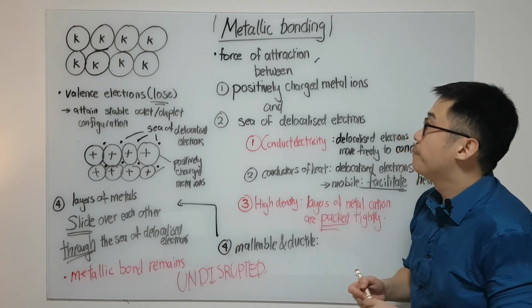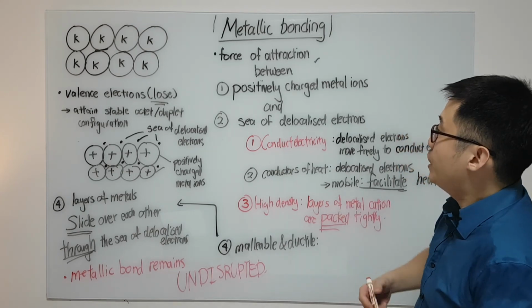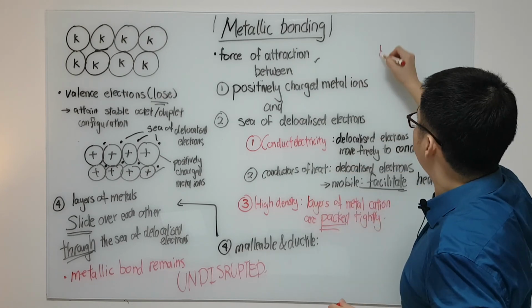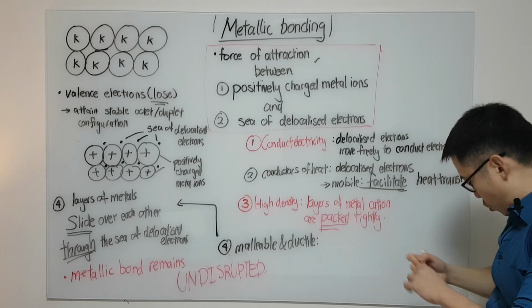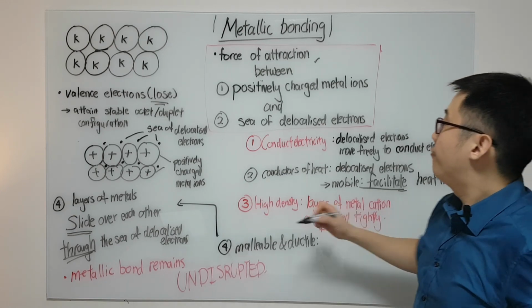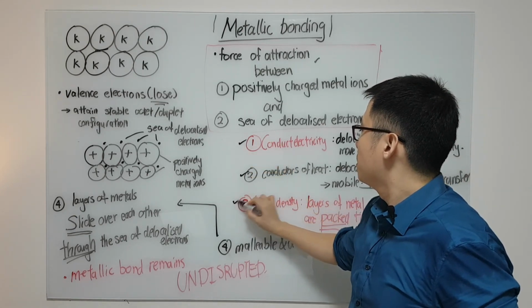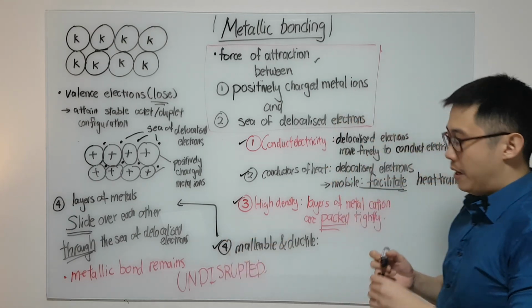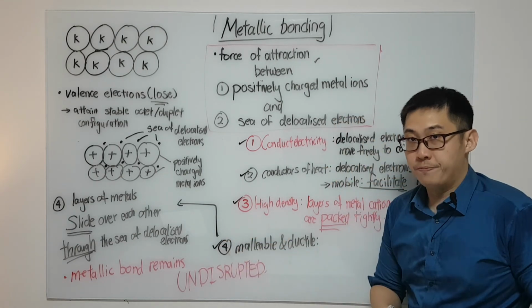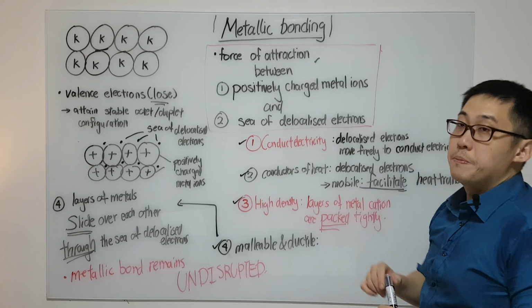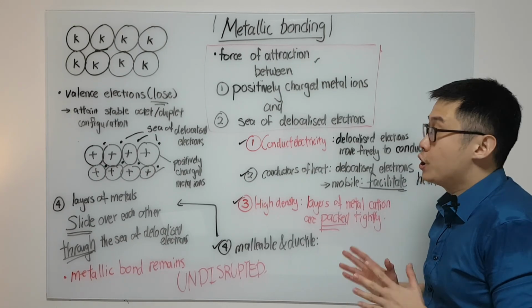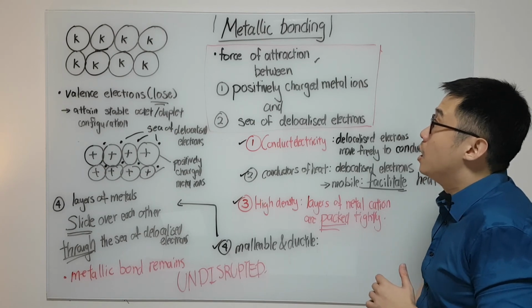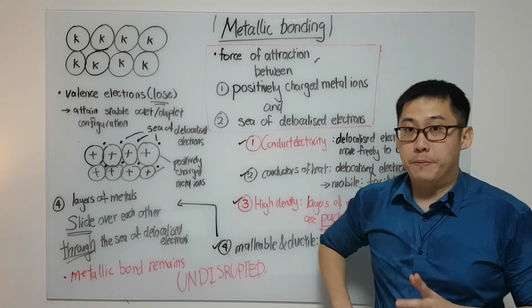So, students, for metallic bonding, you basically just need to know the definition over here. You will also need to remember the 4 properties of metals, and to explain in terms of metallic bonding. This is a very short video on metallic bonding.